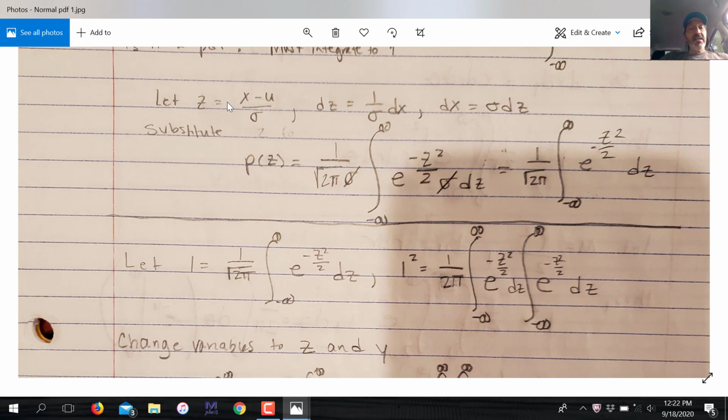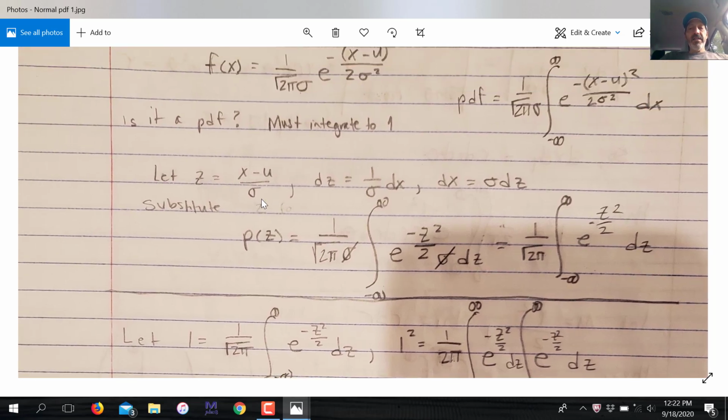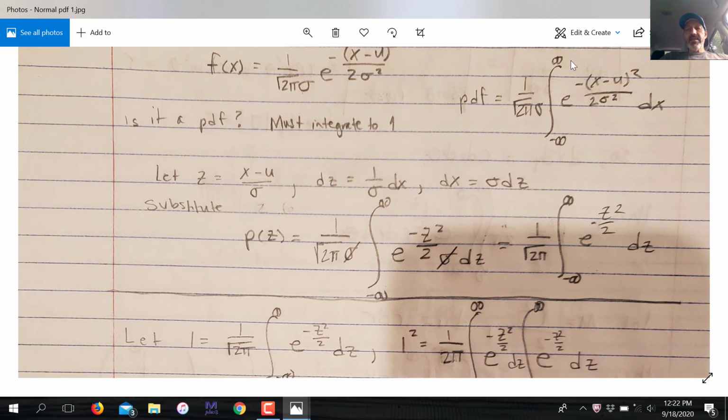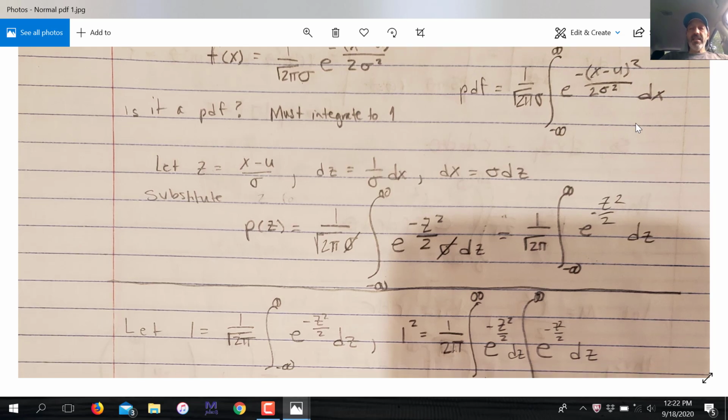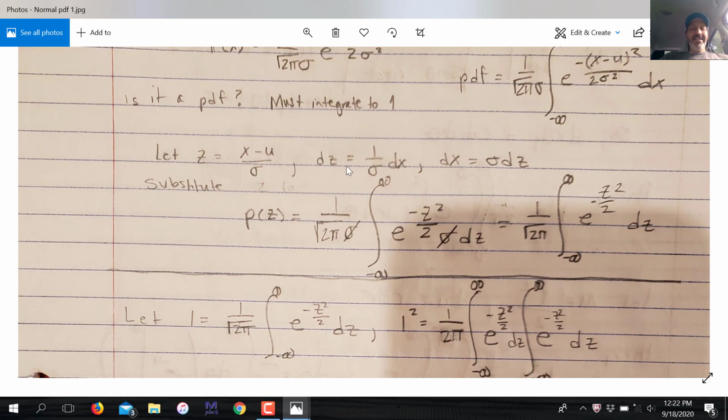So we let z equal x minus mu divided by sigma. Here is the integral, and as I said, it must integrate to 1, but we have this dx here, and to change it to z instead of x, we have to get a dz there instead of a dx, right?